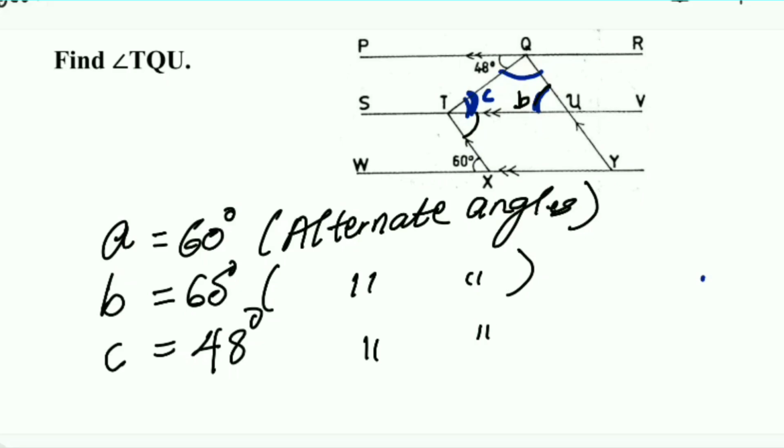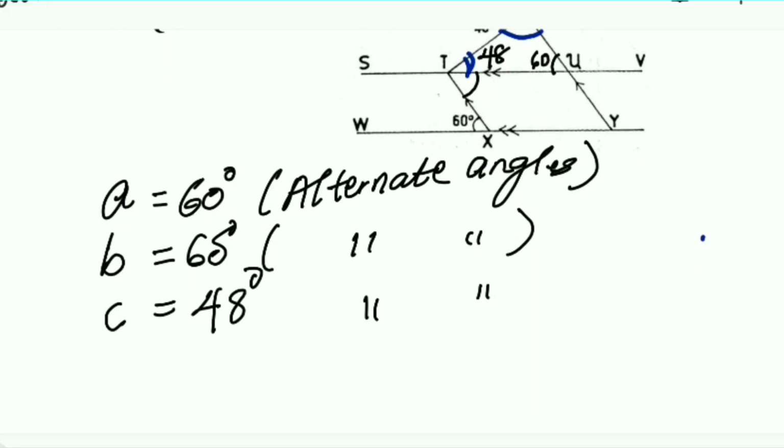All right. So find angle TQU. To find angle TQU, permit me to write this here. My C is 48. This is 48. My B is supposed to be 60 because I've written 60 here. So how then do I find this angle here?